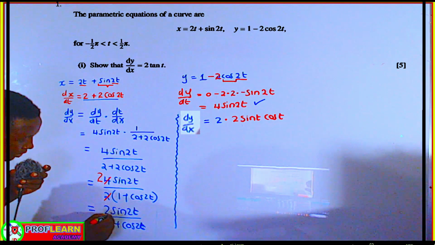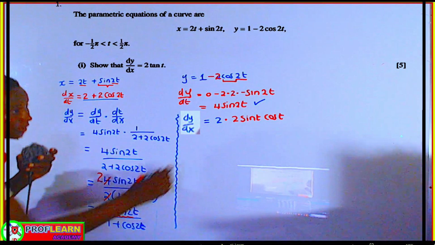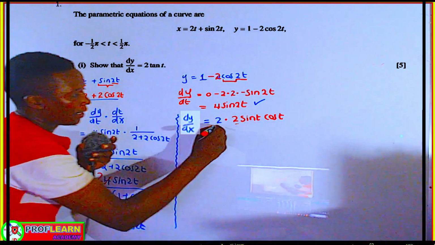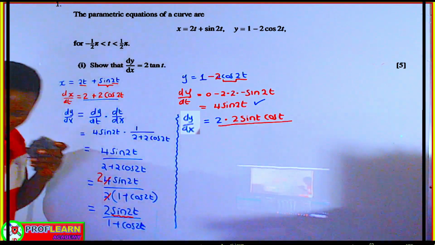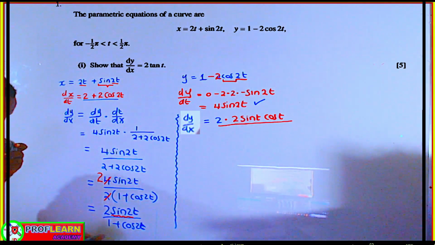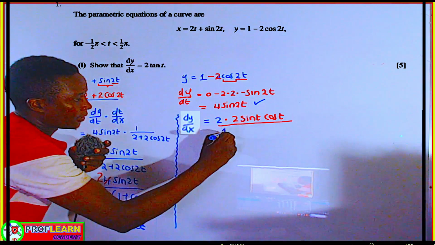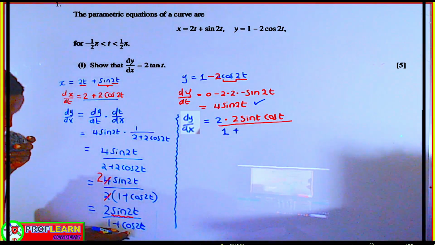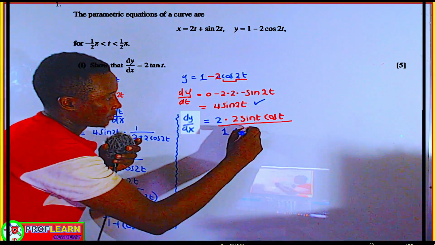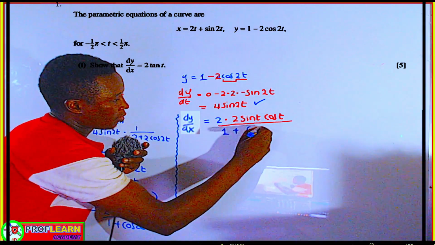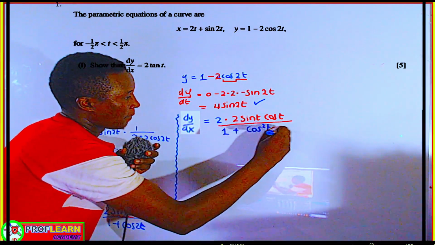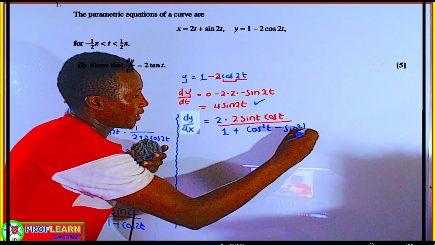This part, sine 2t, can be written in this form here, and then we divide by 1 plus cos 2t, and cos 2t can be written as cos squared t minus sine squared t.